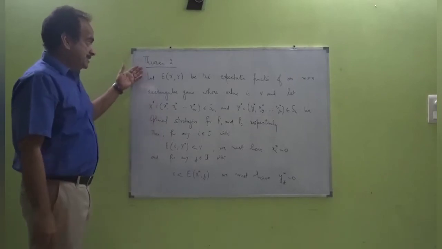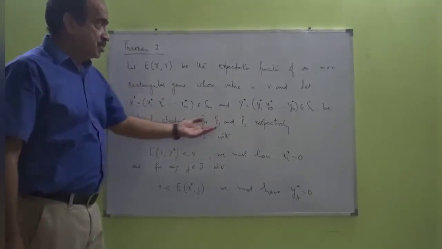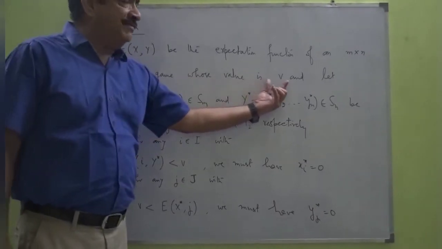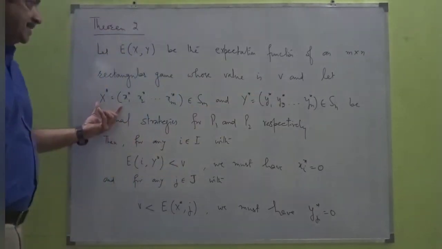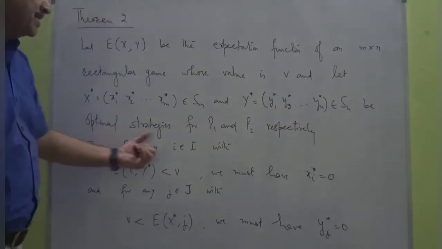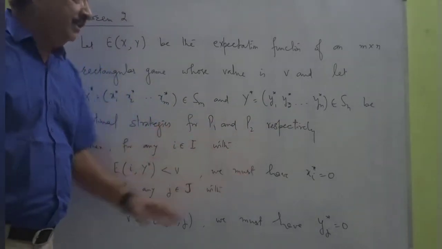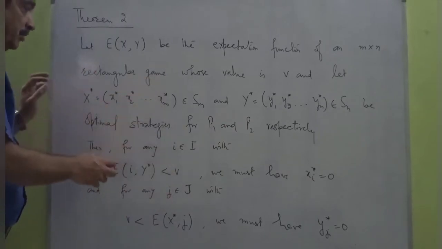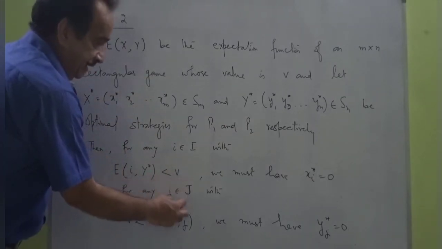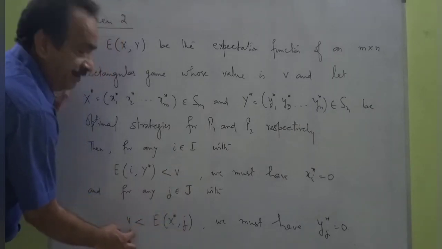And the second theorem is: let E(x,y) be the expectation function of a game whose value is v, and let x star in Sm and y star in Sn be optimal strategies for P1 and P2 respectively. Then by the previous result, we will definitely have E(i, y star) less than or equal to v, and E(x star, j) greater than or equal to v.